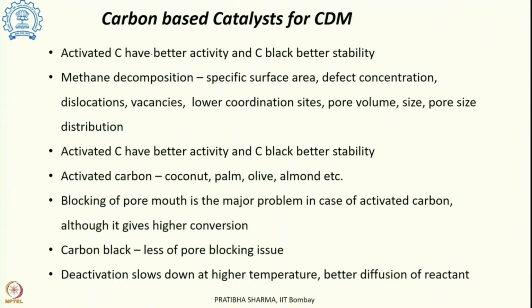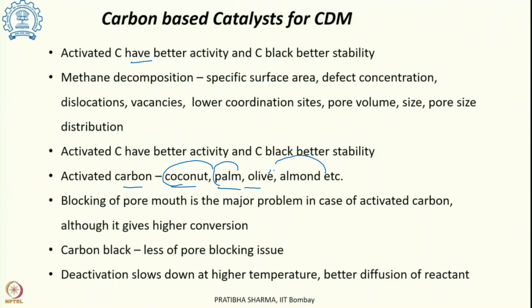All these things were already discussed by ma'am, but again I am discussing with you, so the discussion will be more and you will understand better. Activated carbon sources are like coconut, palm, olive, almond.